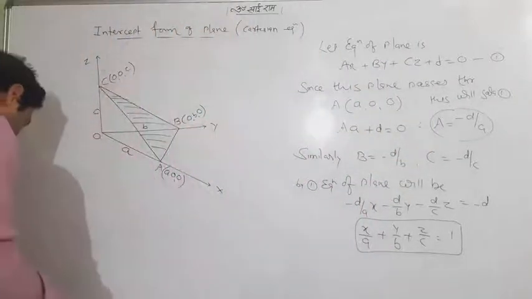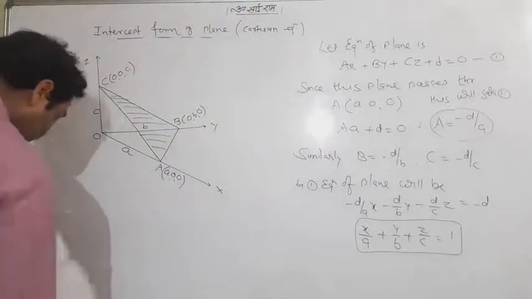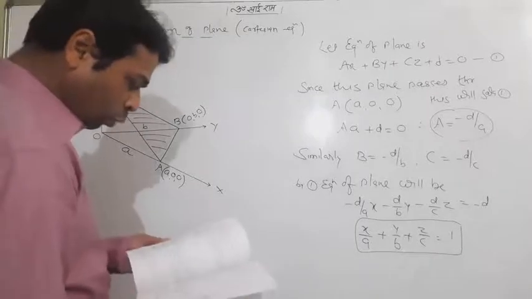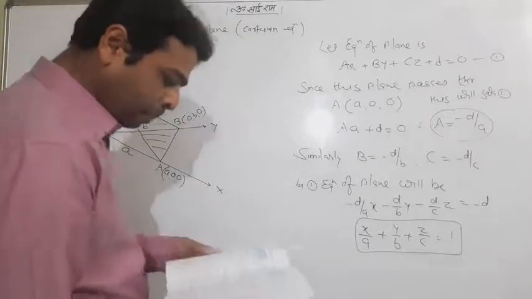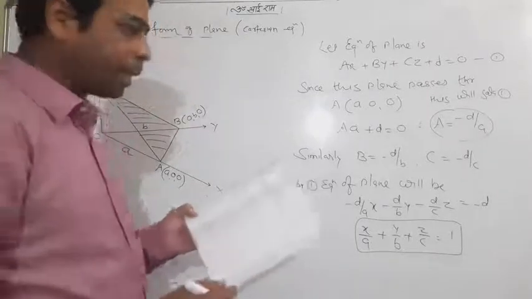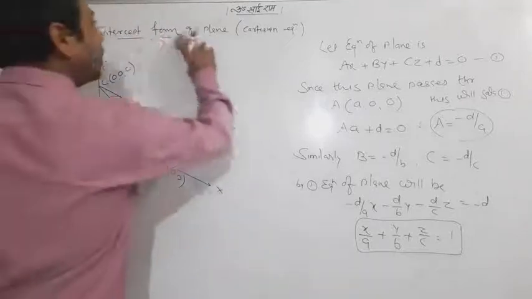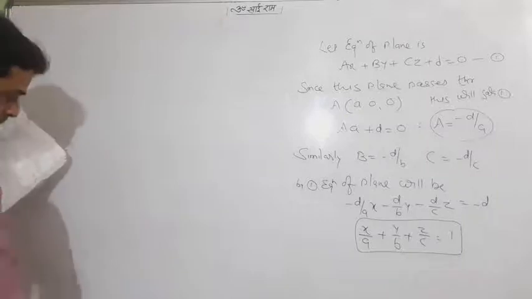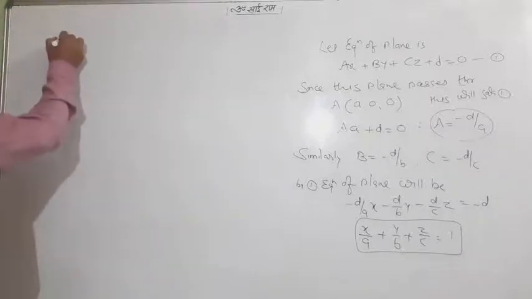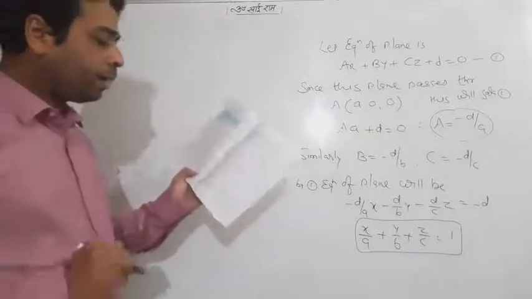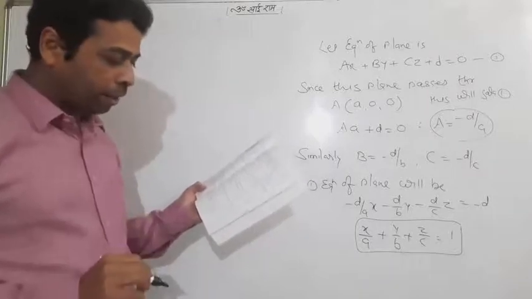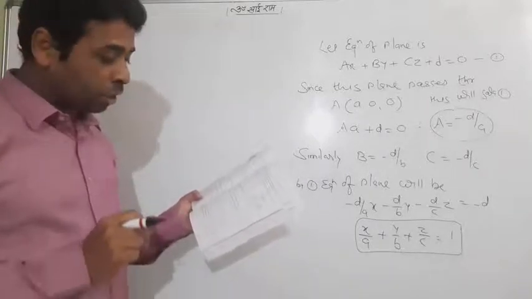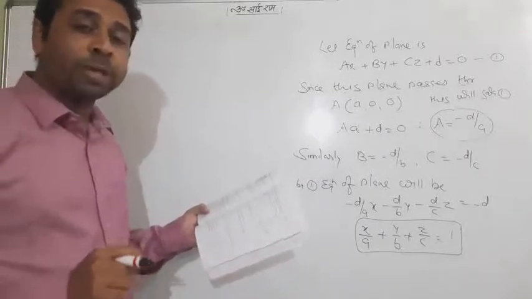Hope you have got it. One simple example I am having. I just want to tell you that example. This is example number 19, which one can simply do just by reading it. Example number 19. Find the equation of the plane with intercepts 2, 3 and 4 on x, y, z axis.